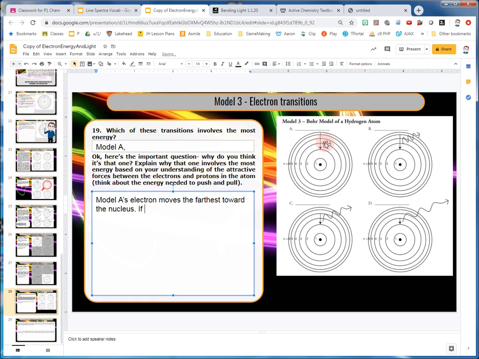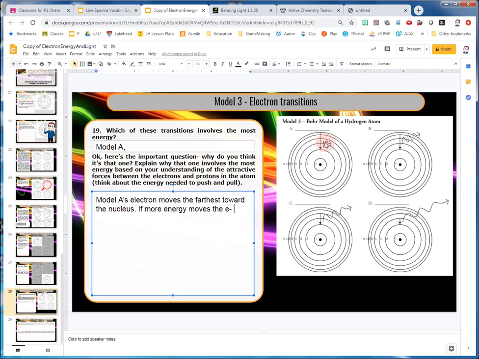If more energy moves the electron, you can also put E minus if you want to be lazy. That's an acceptable way to be lazy.